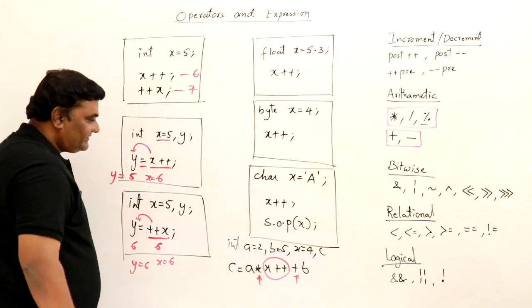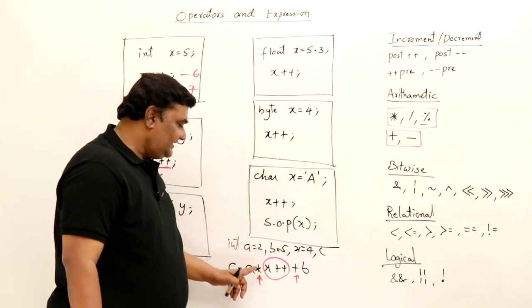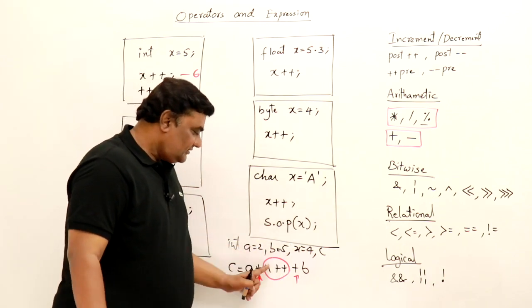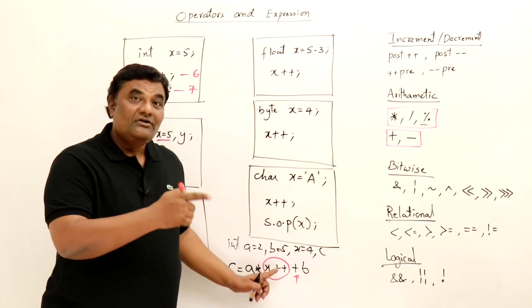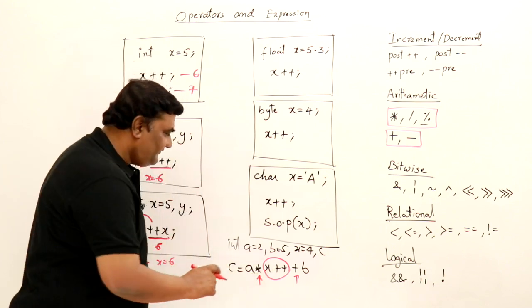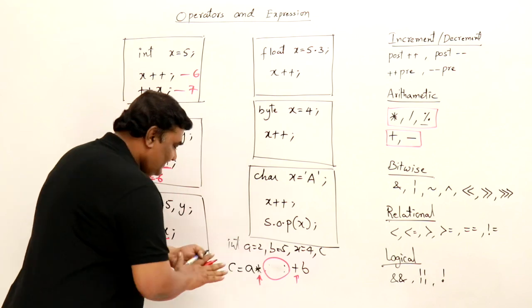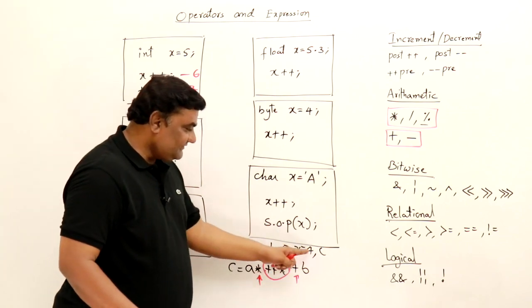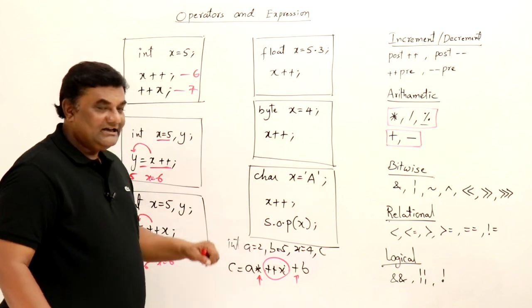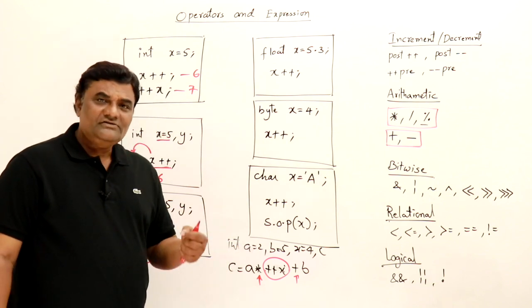So the question is, what value of x will be multiplied with a? 4, or will it become 5 and then multiply? This is post-increment, so 4 will be multiplied. If I change this and say ++x, then first x will increment, x will become 5, then 5 will be multiplied with a. So that is the difference.